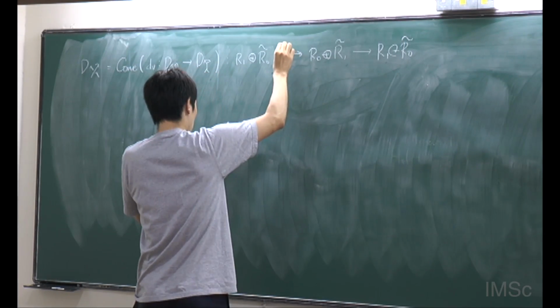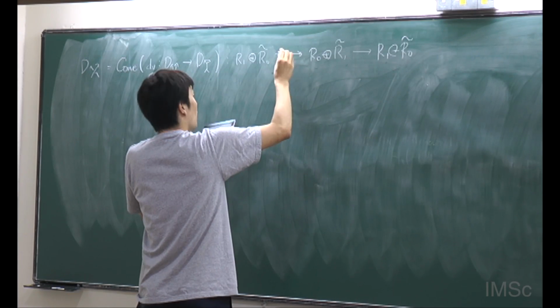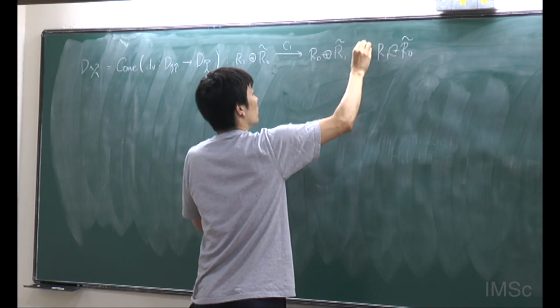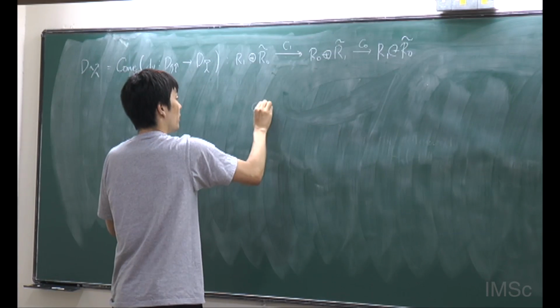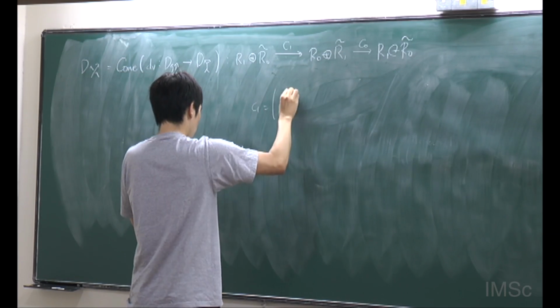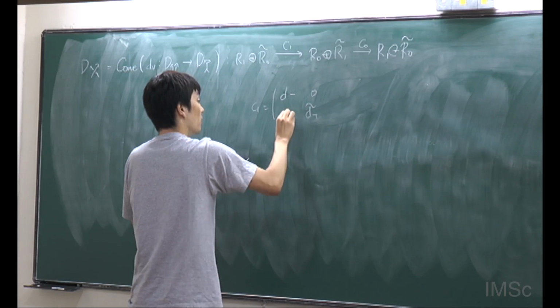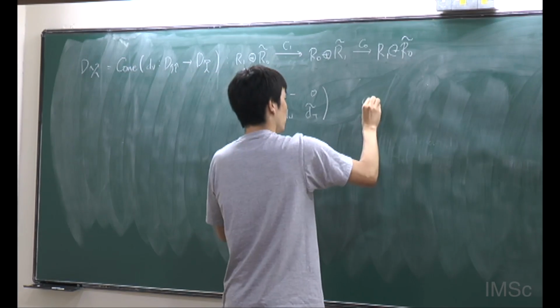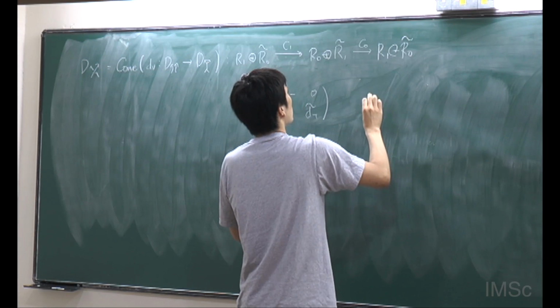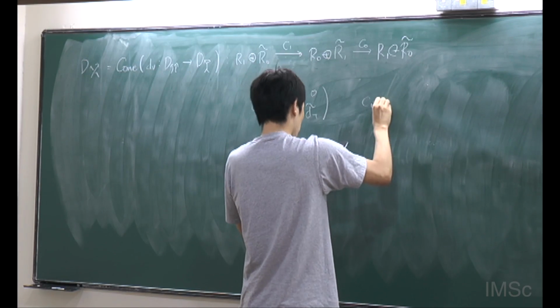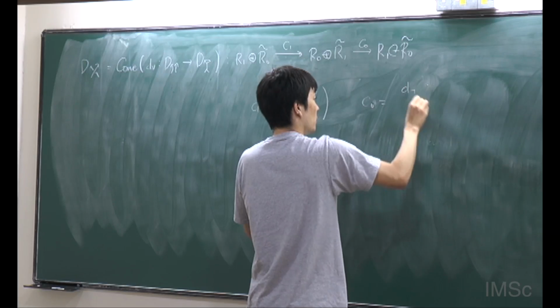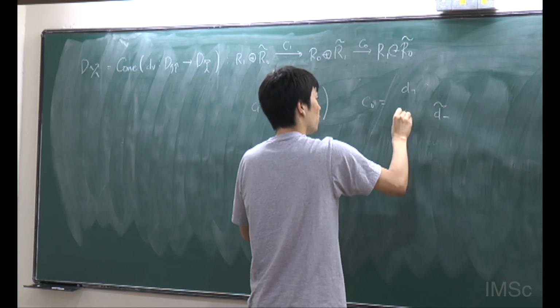And let's call them C1 and C0. C1 is given by D minus, D plus tilde, 0 and dV. And C0 is given by D plus and D minus tilde, dV.